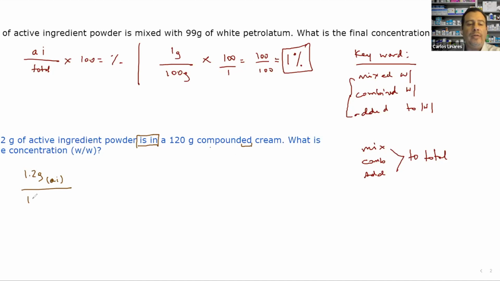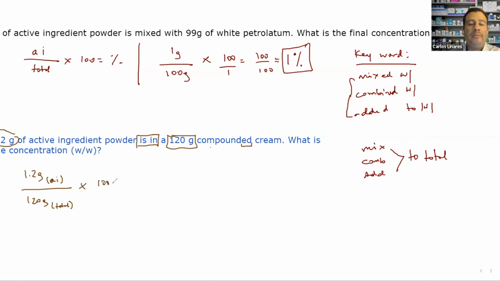So my total is 120, not 121.2. It's already in there. This is my total. So this is telling me that this compounded cream, which is this amount, this is the total of the cream, has this amount in there already in it. So I don't need to add it.